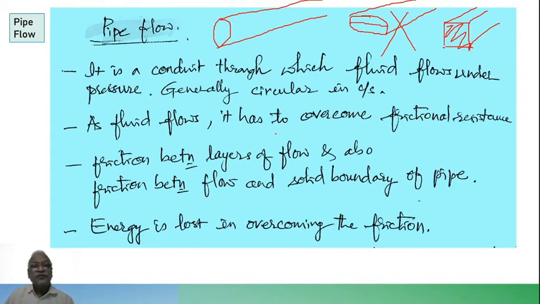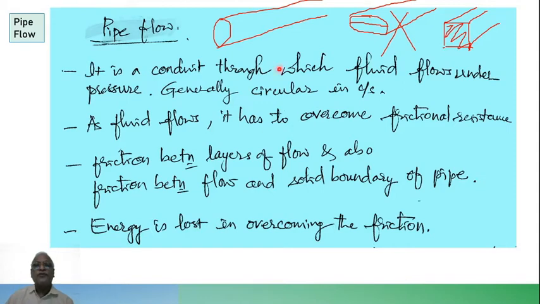As the fluid flows, it has to overcome frictional resistance. Obviously, when the flow occurs, it should overcome the frictional resistance along the periphery. Then there is friction between layers of flow, and also friction between the flow and the solid boundary of the pipe.